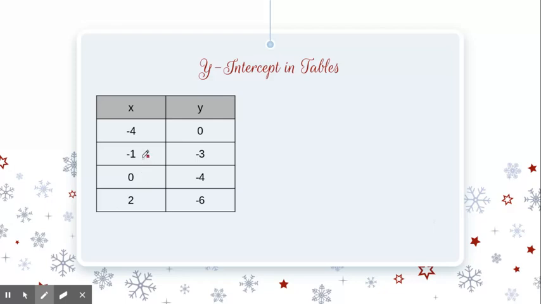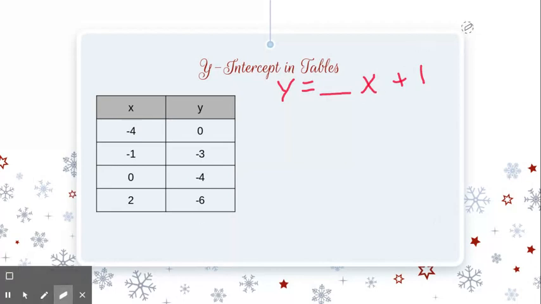Okay, so first of all, y equals whatever my slope is, x plus b. That's going to be whatever we get. Okay, so we're going to find our y-intercept here. Our y-intercept is going to go right there.